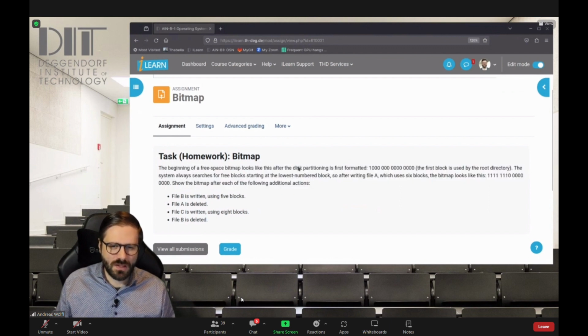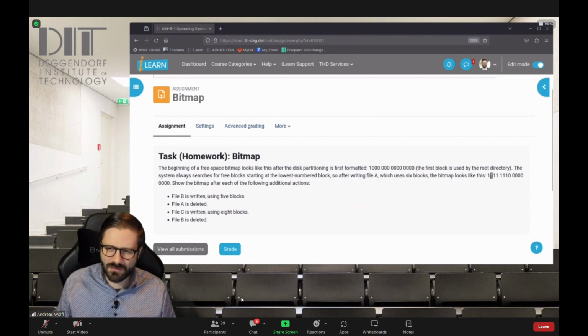It describes a scenario where we have a bitmap that is initially a number of bits long. There is a bit missing, and I cannot change it because my keyboard is not working. But anyhow, at the beginning the bitmap looks like this. First block is occupied for the root directory in this scenario. The rest is free. Then we write file A, which uses 6 blocks.